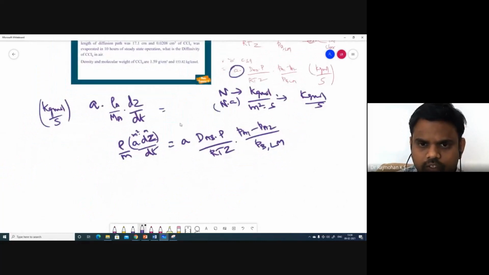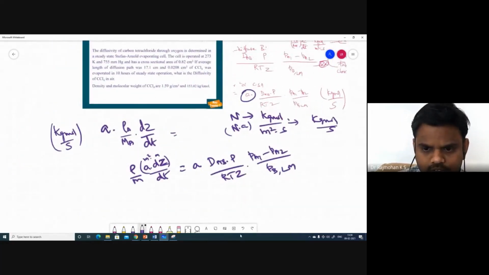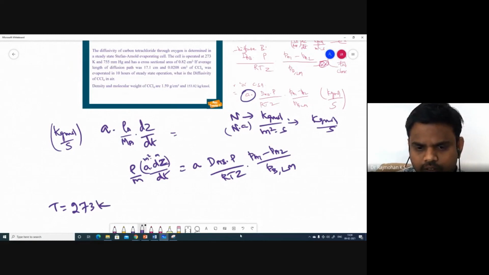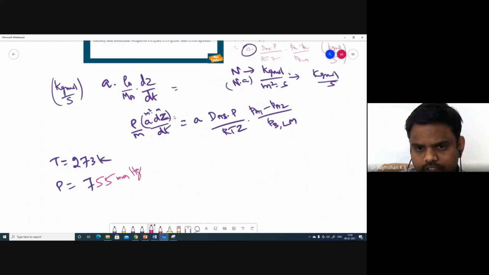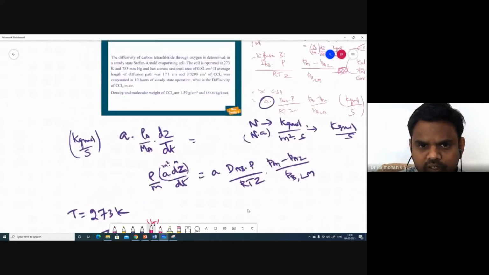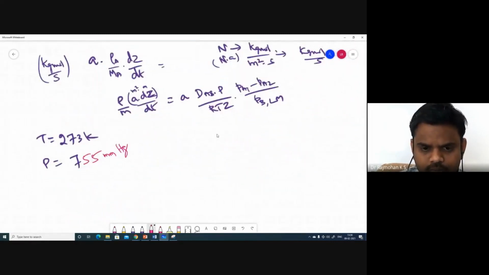So now what are the given data you can write? Temperature is given, 273 Kelvin. Pressure is given, 755 mm mercury. Remember, usually 760 mm mercury is 1 atmosphere. It is slightly lower than the atmospheric pressure.